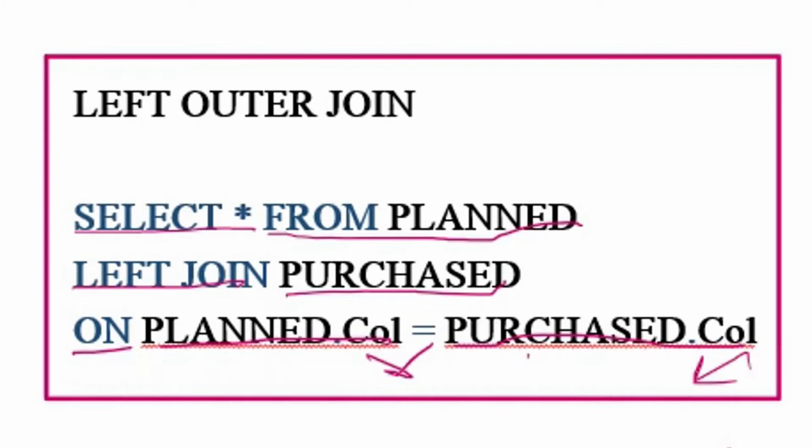Also keep in mind that the order of both the tables matters a lot. So you cannot swap the order of the planned and purchased tables, which means the order of the left hand side and right hand side tables.